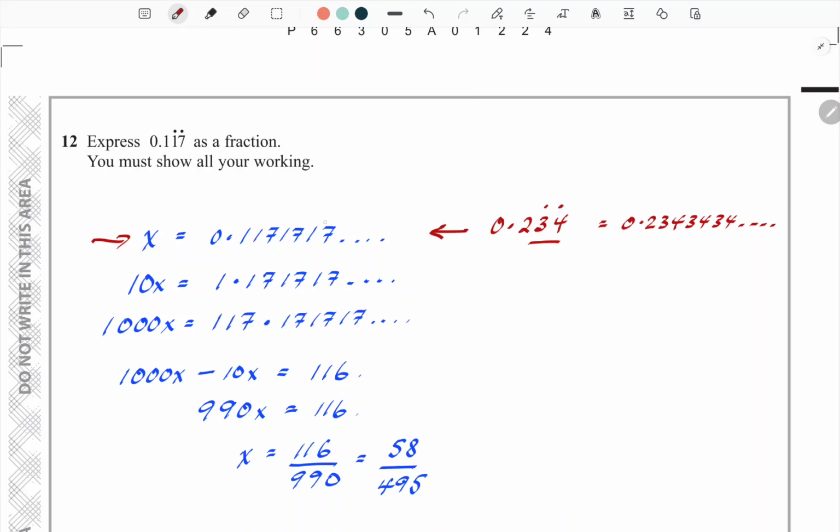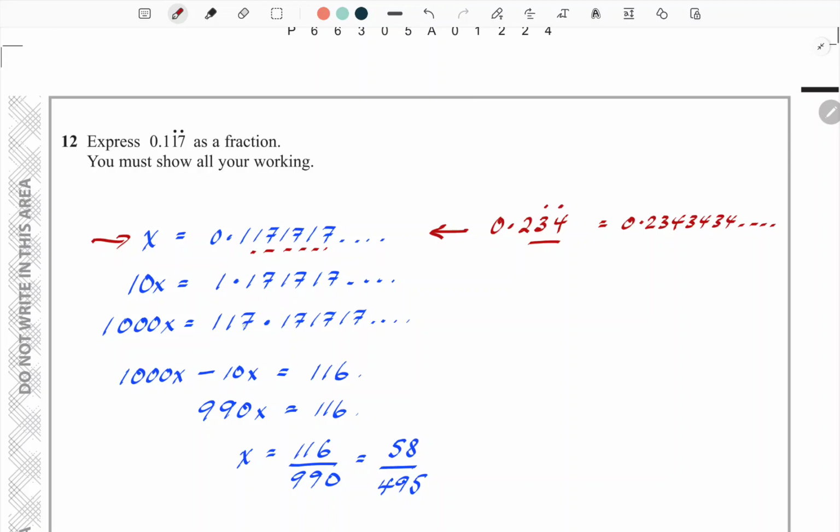Now what we want to do, we can see that the 1 and the 7 are the repeating units. So if we say 10x, then that is 1.171717. And then the next bit where it was going to repeat is 1000x.